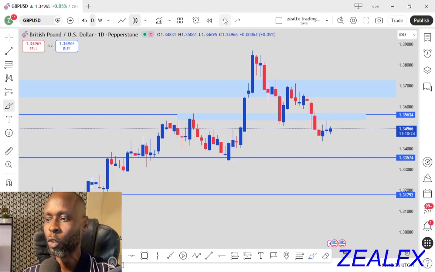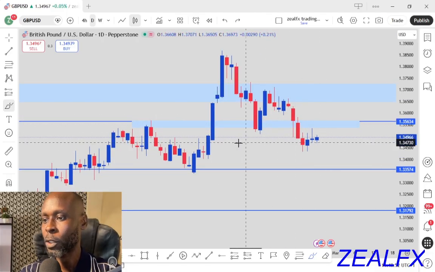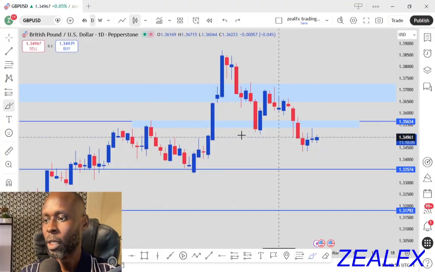So our job now is to look for the levels, the areas we have to sell the British Pound USD from, and the levels we have to take our signal candlesticks from. So let's look at the levels before we go further. On the daily chart, these are the levels we have to look at to take our entries from.